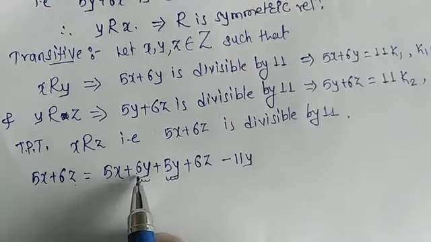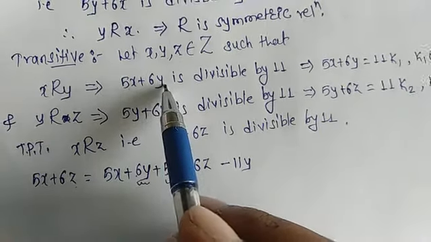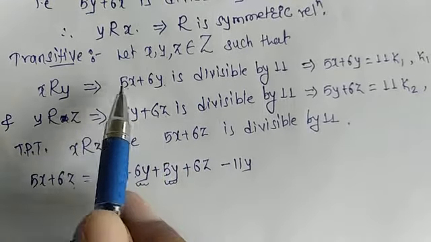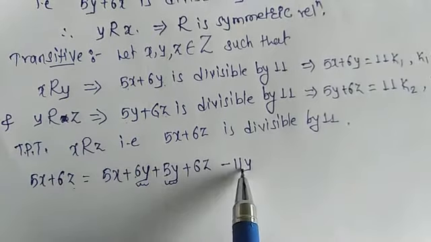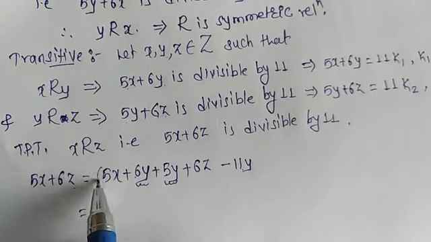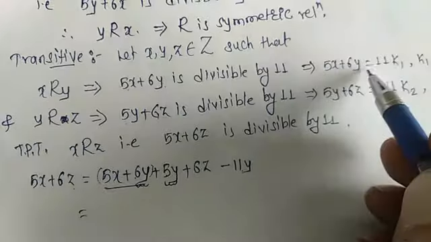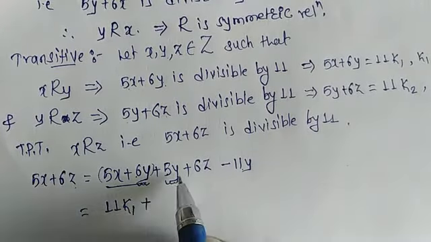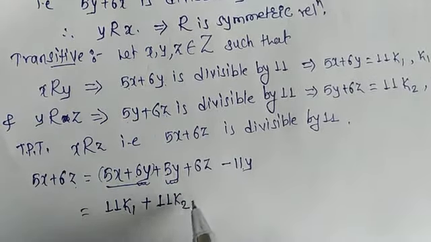So here we are making an adjustment such that we will get the equations 5x plus 6y and 5y plus 6z. Now here the first and last terms, 5x and 6z, are present. So 6 plus 5 is 11y. We are making an adjustment of plus 11y and minus 11y. So 5x plus 6z is equal to 11k1 plus 11k2 minus 11y.